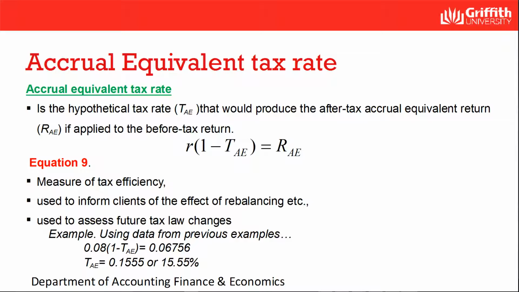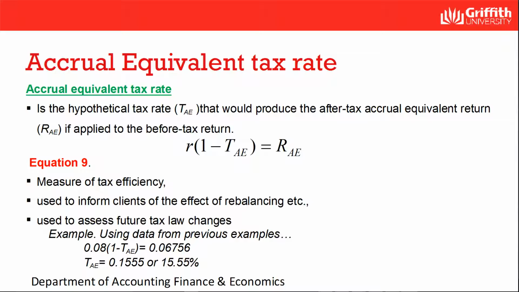And the accrual equivalent tax rate is the rate that's derived from the accrual equivalent return. It is the hypothetical tax rate, TAE, that produces an after-tax return equivalent to the accrual equivalent return.